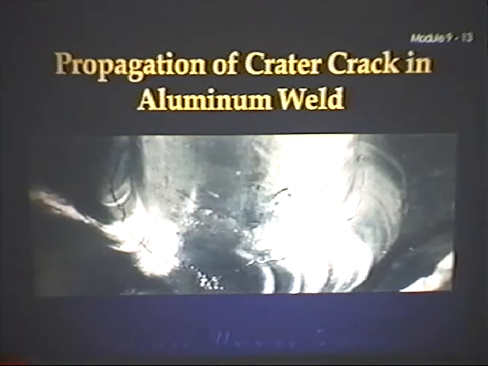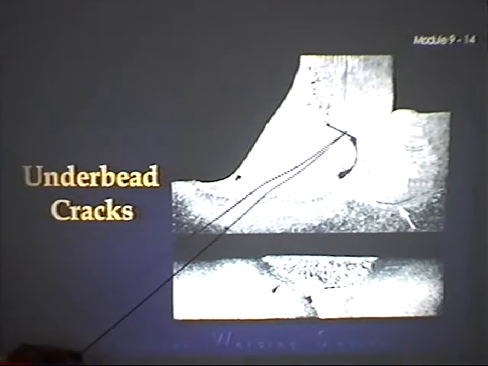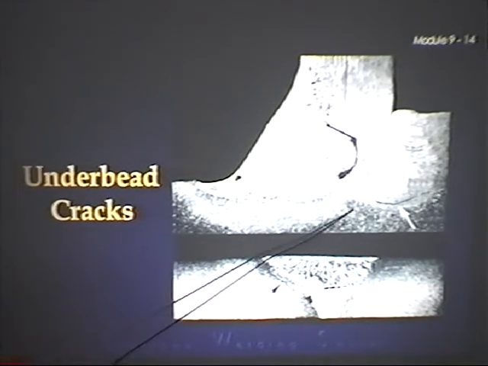Now, on page 208, your book talks about underbead cracking. This is an example of underbead cracking. Let me get a pointer here. Now, you can see this is a T-joint. And it's cracked right in here where they had a lack of fusion.